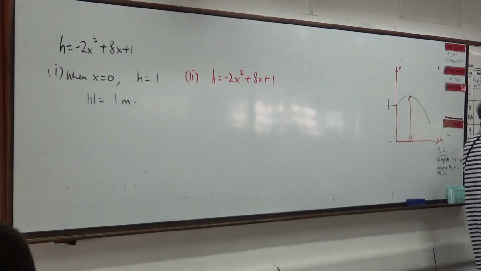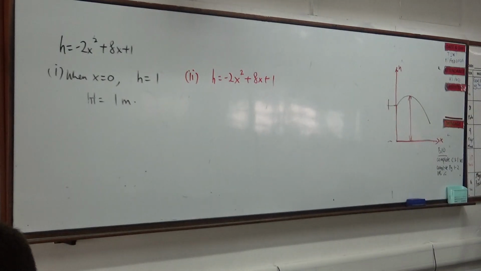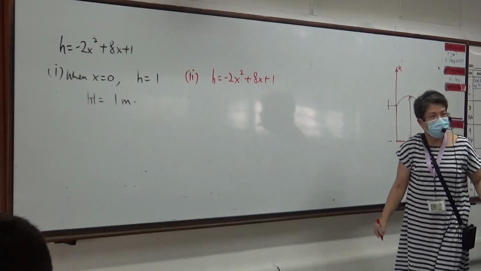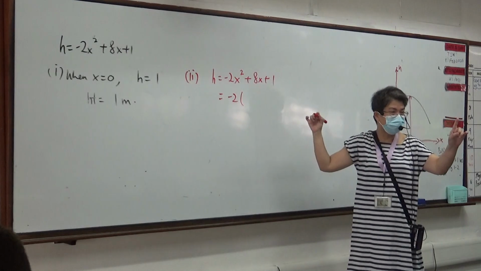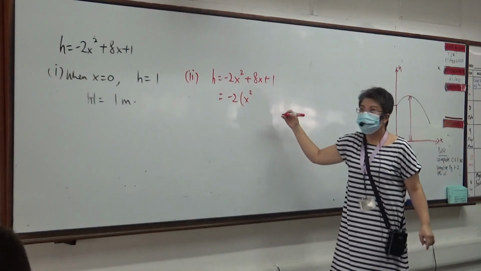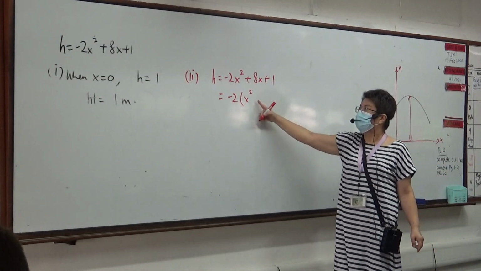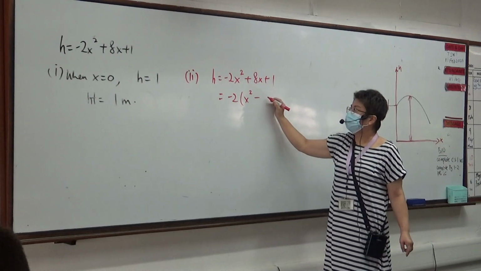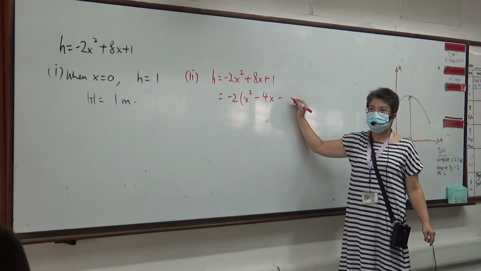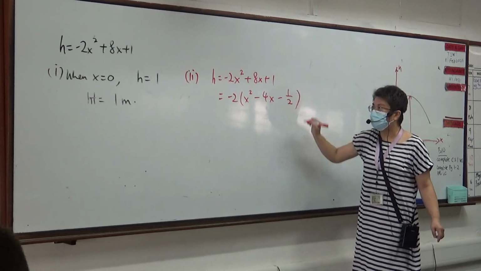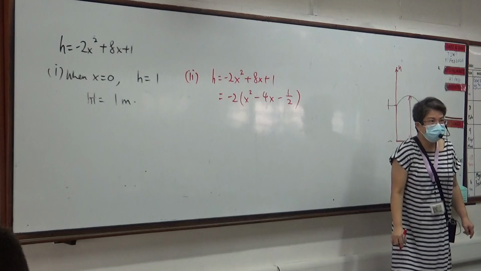What must I do when I complete the square? The coefficient of x squared must be 1. So I take out negative 2. Don't be careless of this plus. Negative 2 times x squared minus 4x, then minus 1 over 2. Can you see it now?